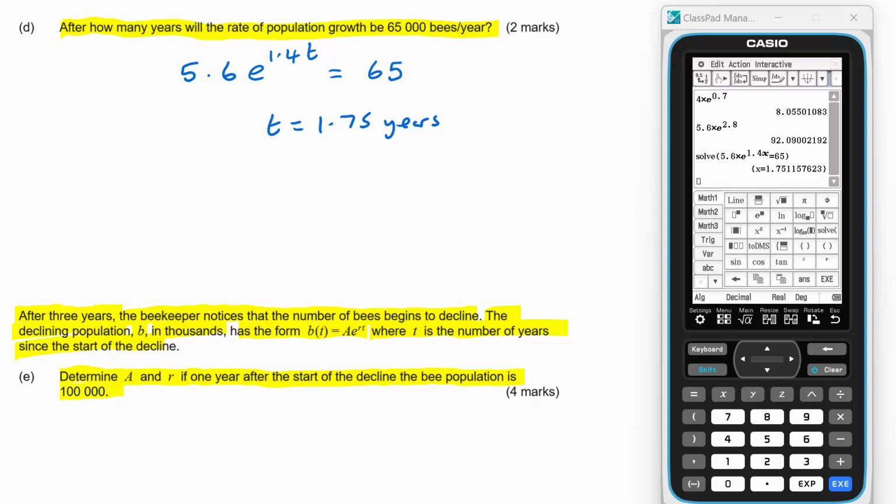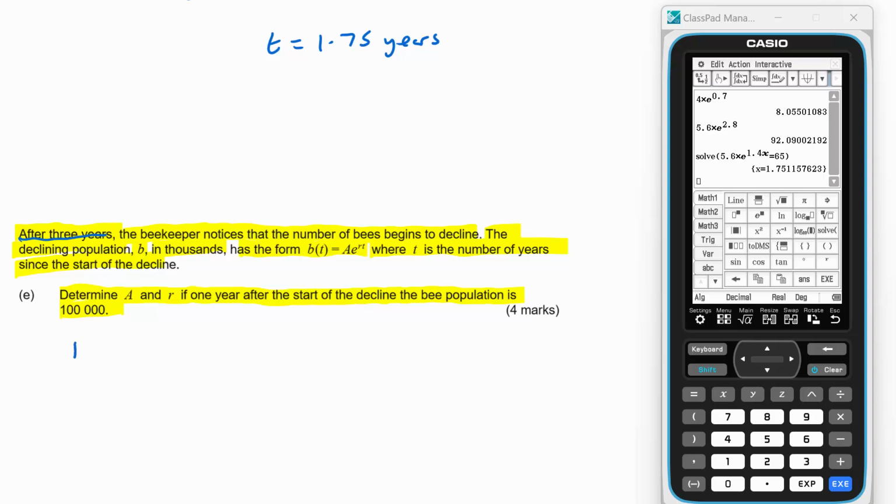I think the first thing we need to know here is the population after 3 years. So that's going to be B(3), which is 4e^(1.4 times 3). So let's calculate that first. And I can probably just go back up here and just edit that into 1.4 times 3.